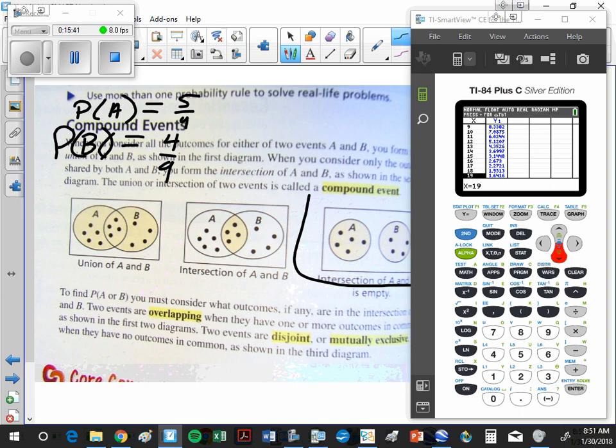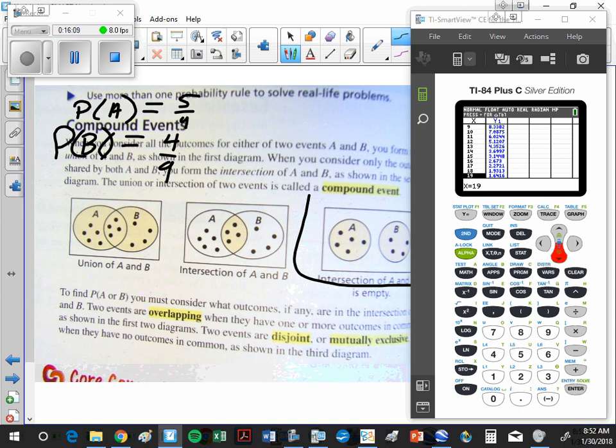Yes. How? 4 plus 5 is 9. So what's the probability that A and B both happen? 0. They don't share anything. Okay. What's the probability that A or B happens? Would be 100%. Because our only choices are A or B. There's nothing on the outside.